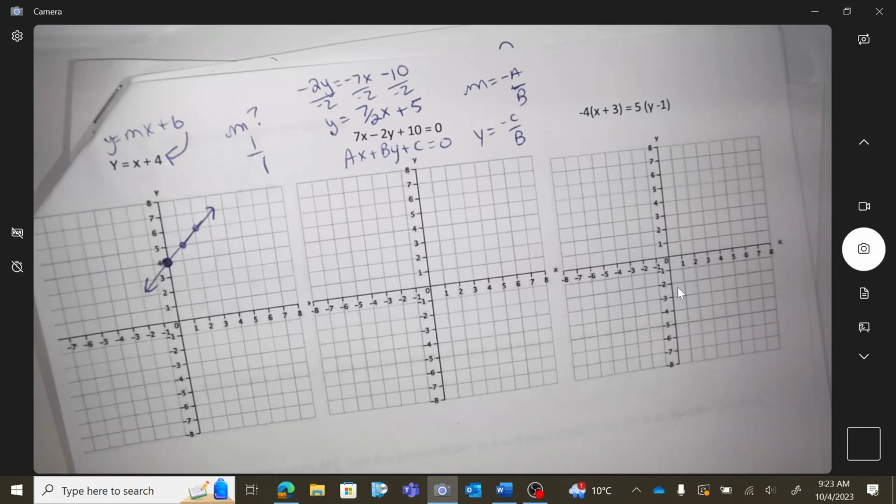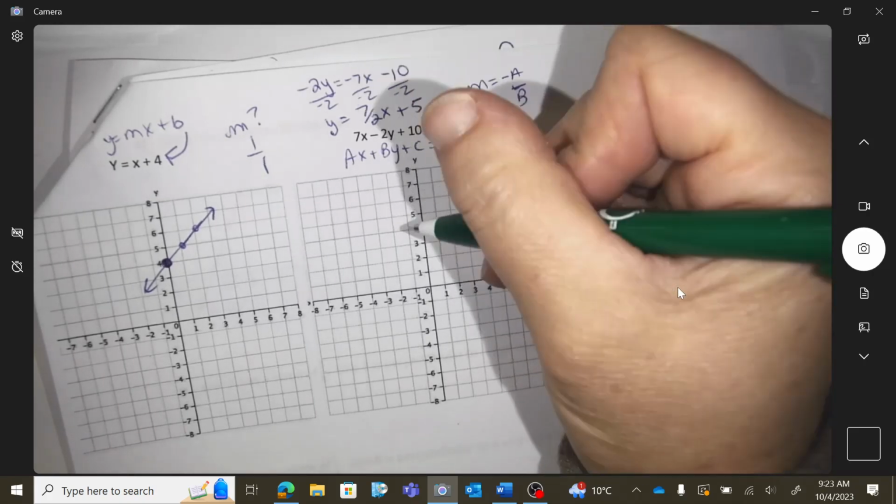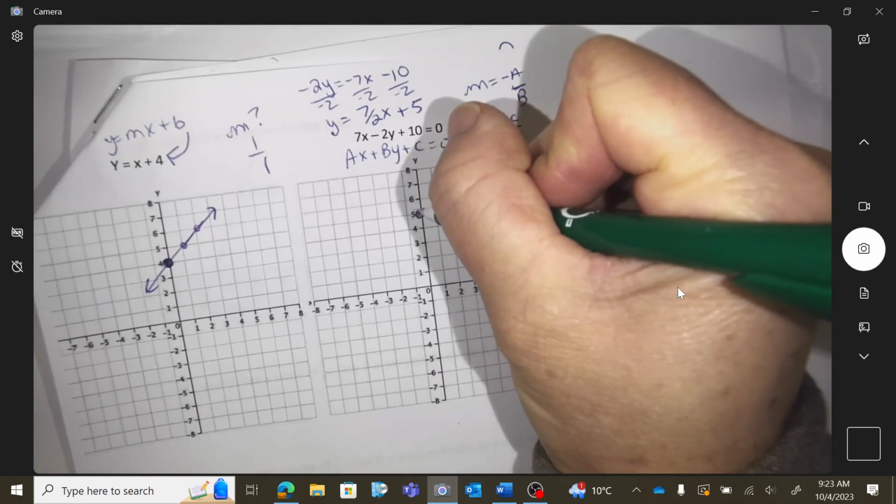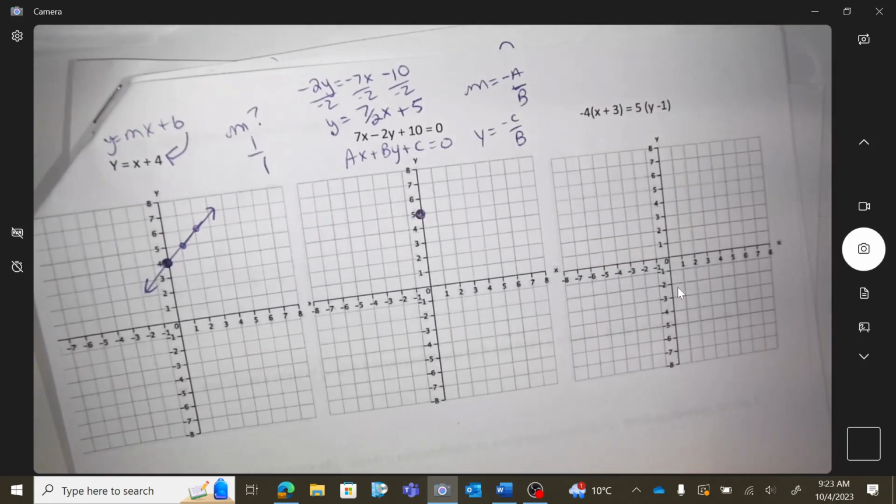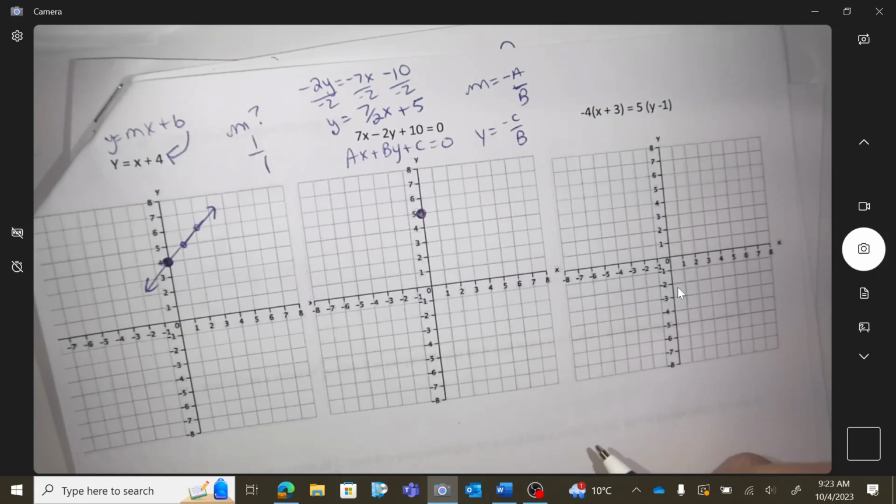We should get a 7 over 2, and we should get a 5. That looks okay? We're matching people? So there's my y-intercept of 5.